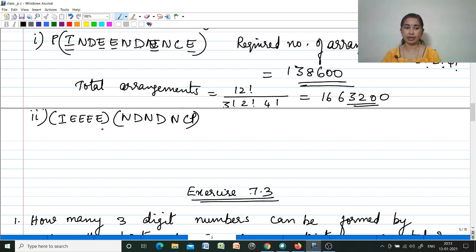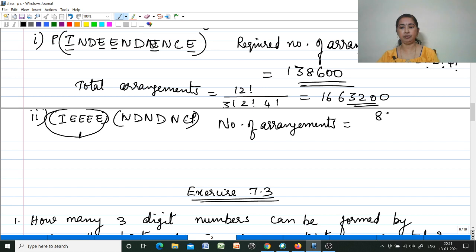As earlier, we have to consider the vowels as a single unit. So 1, 2, 3, 4, 5, 6, 7 and plus 1, 8. So the number of arrangements is equal to 8 factorial divided by, now N occurs 3 times and D 2 times, so 3 factorial into 2 factorial.